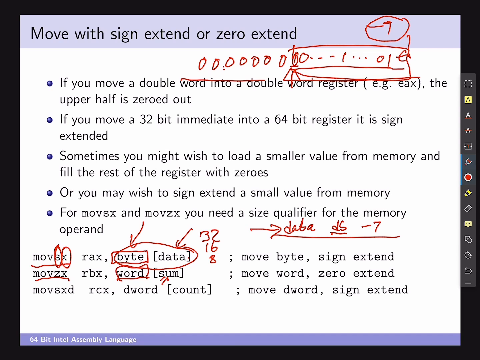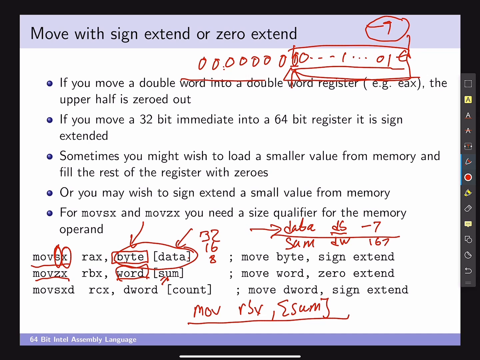Now again, something to consider here is, say I didn't have this instruction and I wanted to load sum into RBX. What could I do? If I just try to execute something like this, mov RBX, sum, and sum was defined in my data segment as a data word with some kind of value.